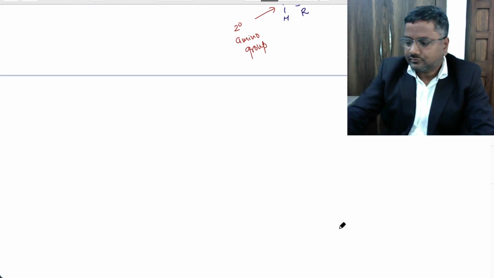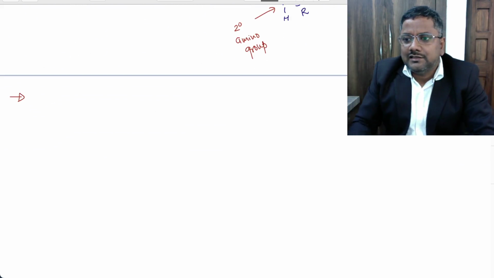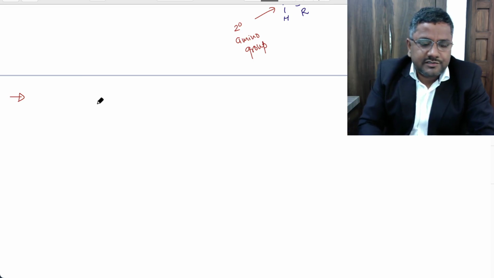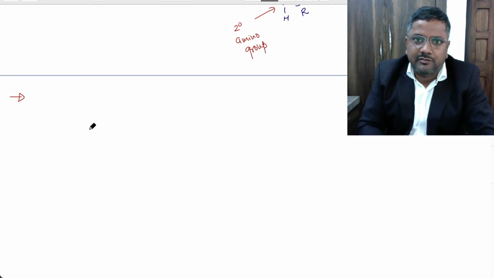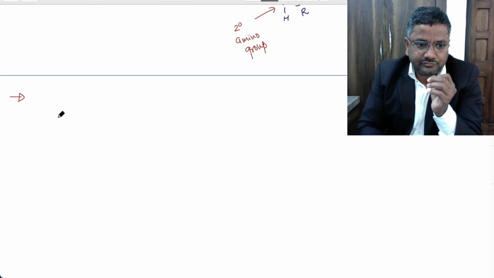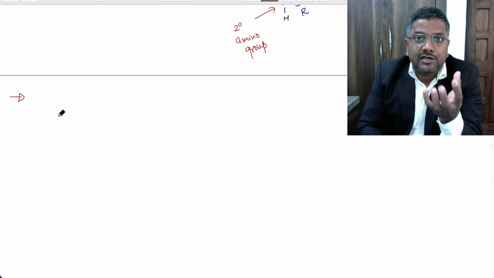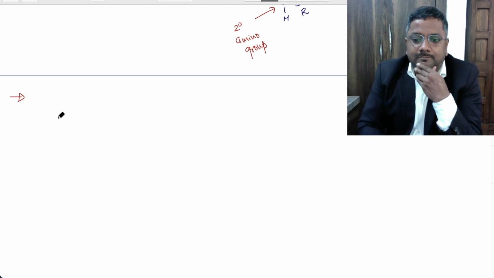Now see, one more classification of amino acids is essential amino acids and non-essential amino acids. What is the basis of this classification? Essential means the amino acids which are not synthesized in the human body.